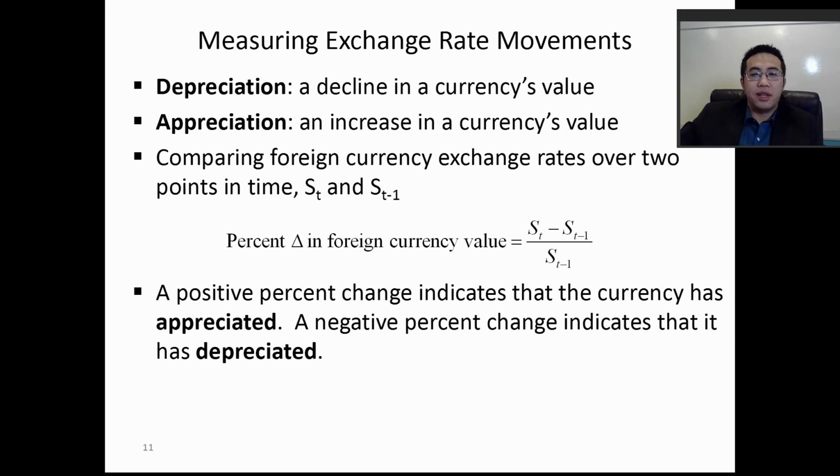If that is positive, that means appreciation. If the number is negative, that means a depreciation. All right, if you put in a stock price, it's the same rule. If the number turns out to be positive, then the stock is having a good return. If the number turns out to be negative, that means you have a loss from the stock investment.